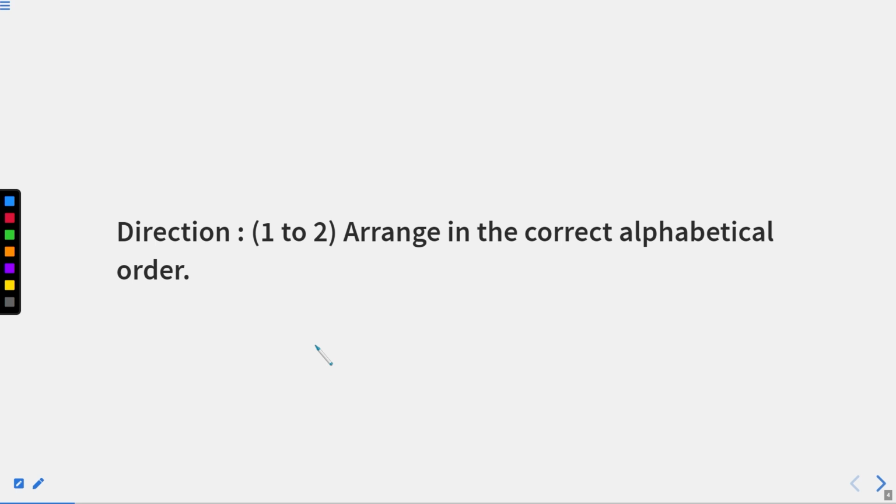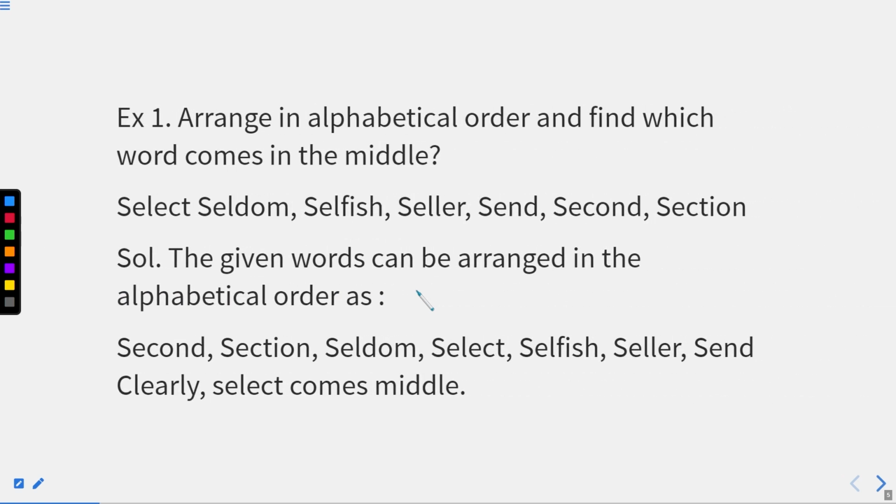The direction for the first two questions is given, that is, arrange in the correct alphabetical order. Now you are given some certain words. You have to look at the letters of each and every word and arrange them as they are arranged in the dictionary. The first question is: arrange in alphabetical order and find which word will come in the middle.